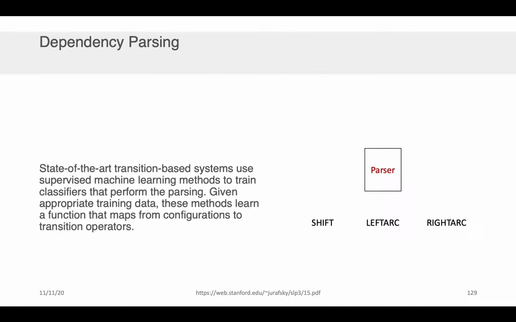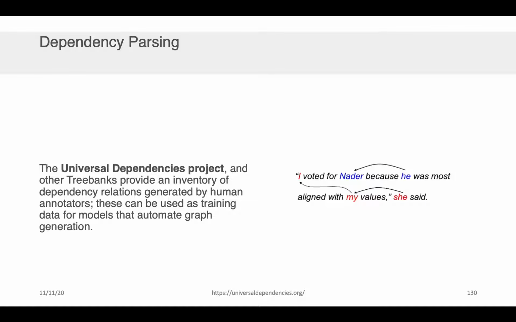Okay, so it's a standard, straightforward, supervised machine learning problem. Now, of course, if you're going to do supervised machine learning, you need data, right? And the data that's used to train these kinds of models comes from the Universal Dependencies project. And there are other treebanks that provide an inventory of dependency relationships that are generated by human annotators. So you can use those to train the model.